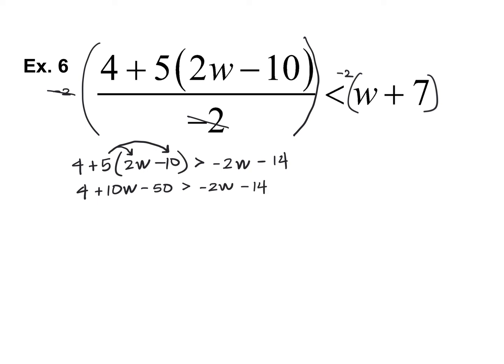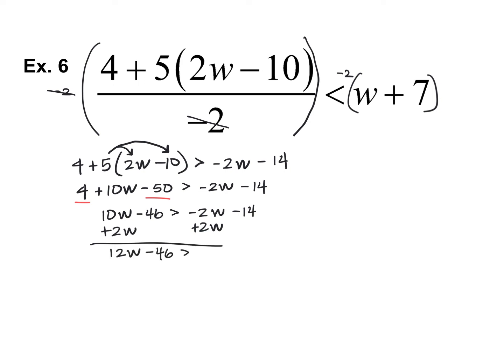On the left hand side, I can combine like terms by combining the 4 and the negative 50. So I have 10w minus 46 is greater than negative 2w minus 14. Going to add 2w to both sides. And I have 12w minus 46 is greater than negative 14.